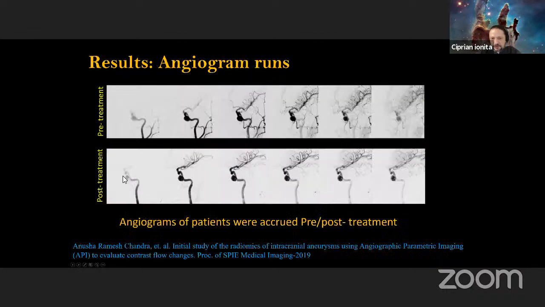Here I'm showing you an example of an angiogram run. Here is an aneurysm, and it was treated with a pipeline device. These are the pre and these are the post treatment pictures. In general, the surgeon is looking at them and qualitatively saying, I think I'm done.